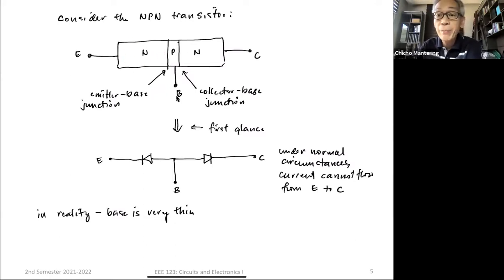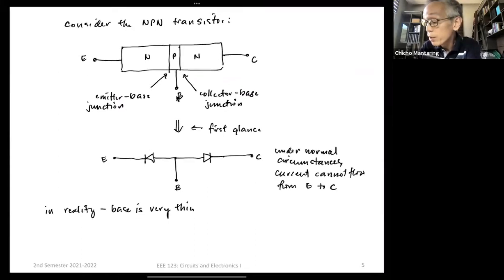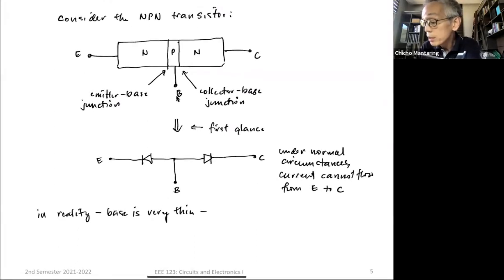Remember, an N-type has electrons, or negative charge carriers. If the voltages applied are correct, electrons are going to flow from the emitter. Because the base is very thin, not all of the electrons will go to the base. Instead, some of the electrons will cross over to the collector and be collected by the collector.